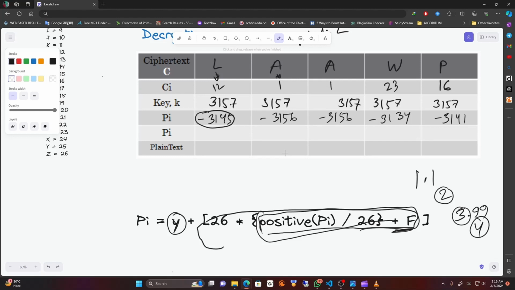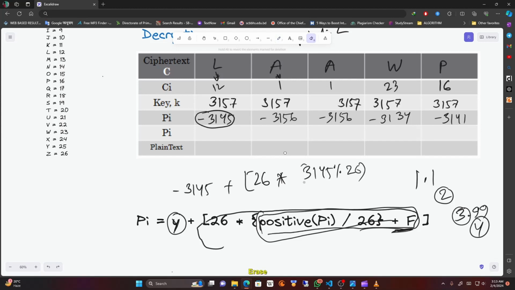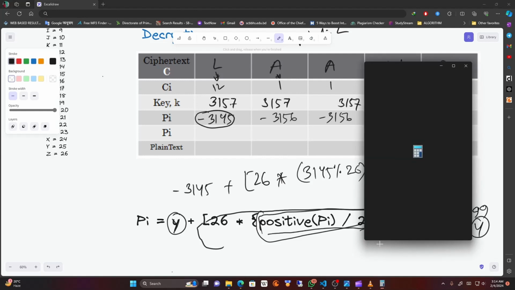So let's do this. According to the first one, 3145 is our plaintext index value, plus 26 times the quotient. If we divide 3145 by 26, let's see what we get.